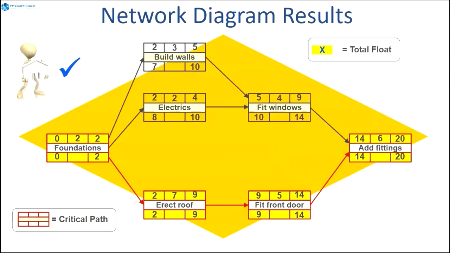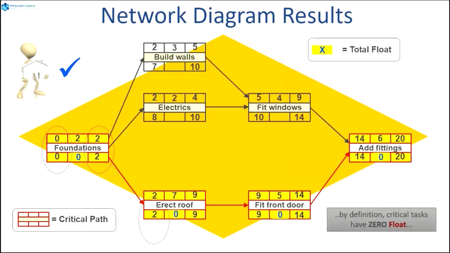All right, so let's peek at this again. We are looking at 0, 0, 0, and 0 because that was the critical path. So 0 float on the critical path. By definition, critical tasks have 0 float. But if we look at the other non-critical path, we see that there is float as well.